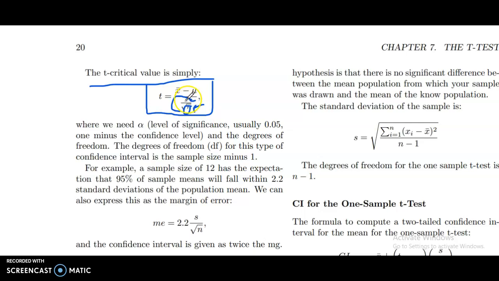Then you put the x bar value, deduct mu from x bar, and divide this result by s divided by root n. That is the t value.